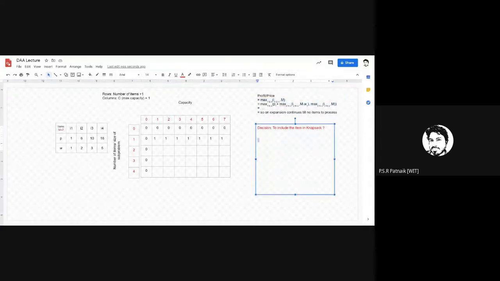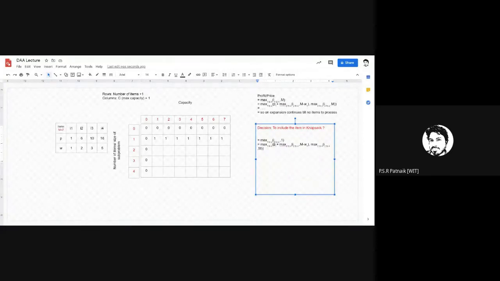So if I take this equation, what I have now is I1 to I2. What is the sack capacity here? As of now, the sack capacity is 1. So I have to solve for this problem, right? So how will this split? If I include this item, can I include this item?